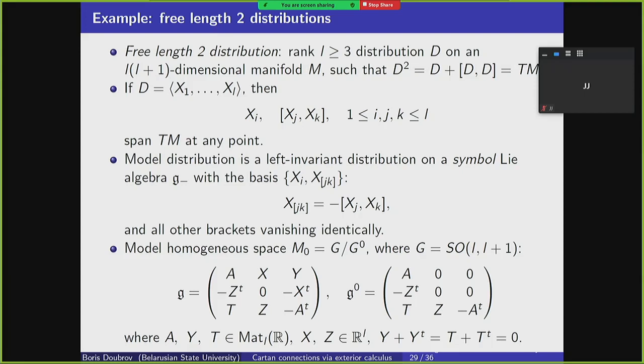And I give here, under a suitable choice, if you choose your invariant scalar product to be appropriately anti-diagonal, all zeros everywhere, then you recover that your Lie algebra becomes like that.